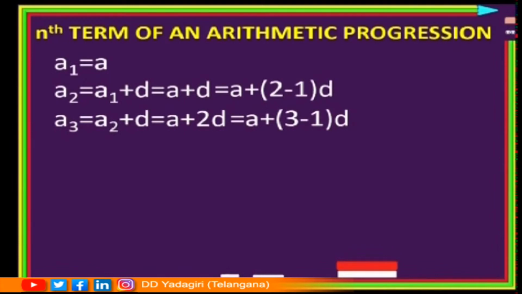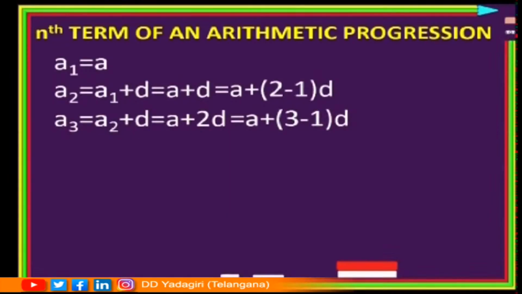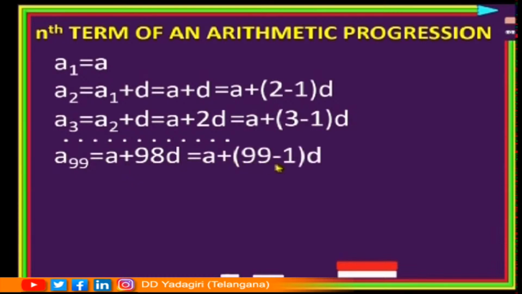Next, what is A4? Yes, A4 is A plus 3D. What is A5? A5 is A plus 4D. What is A6? A plus 5D. So like that, what is A99? A99 is A plus 98D. Just simple logic, we have to reduce one number, that's it. So A plus 98D can be written as A plus 99 minus 1 into D.